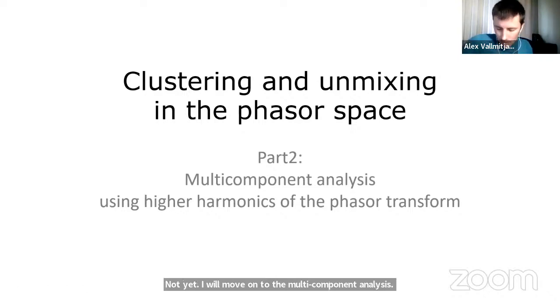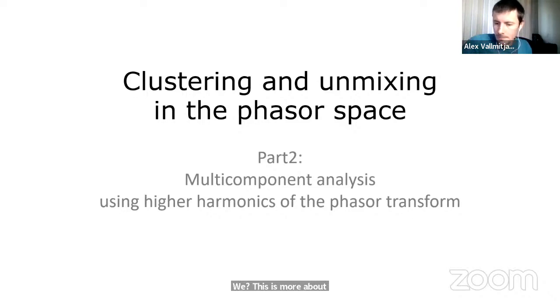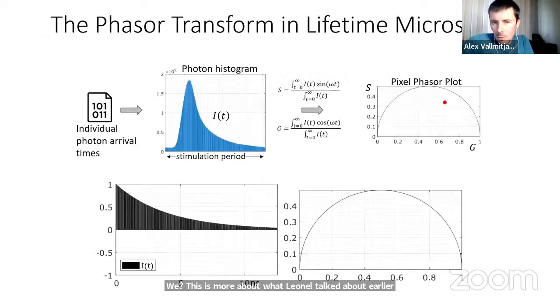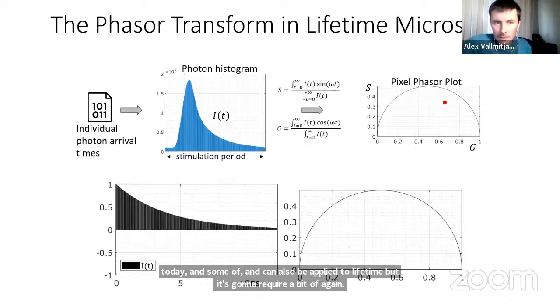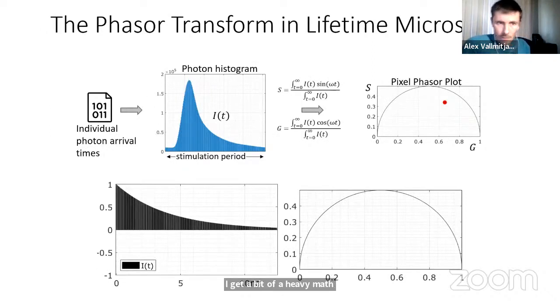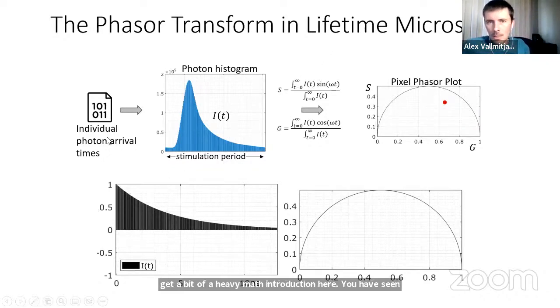This is more about what Leonel talked about earlier today, and can also be applied to lifetime, but it's going to require, again, a bit of heavy math introduction here. You have seen the phasor transform for both lifetime and spectral microscopy.